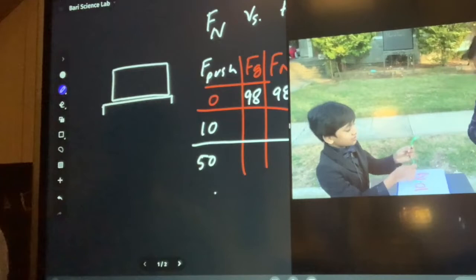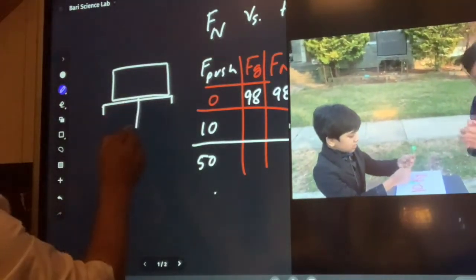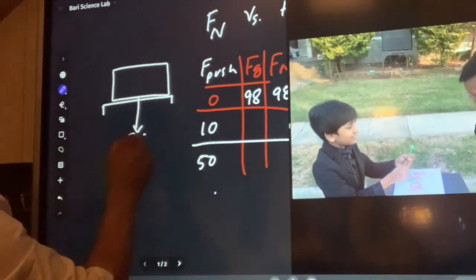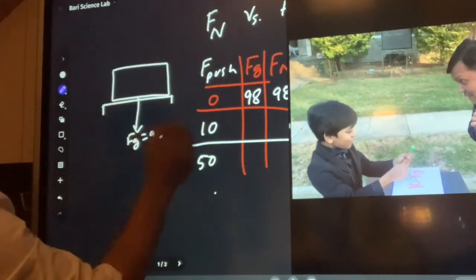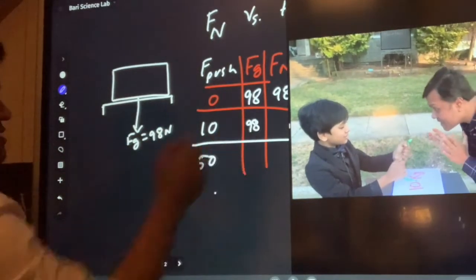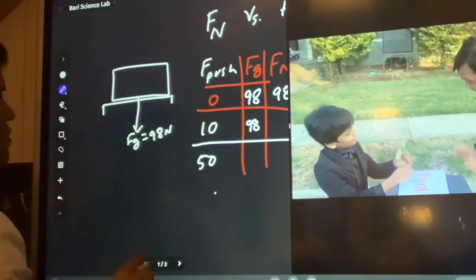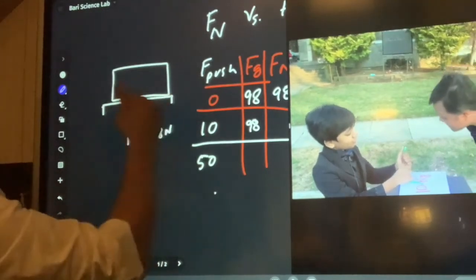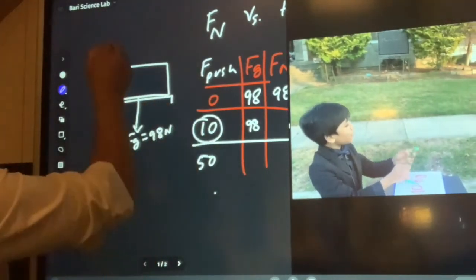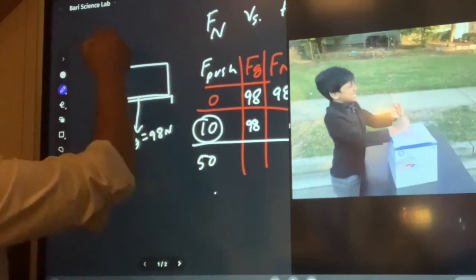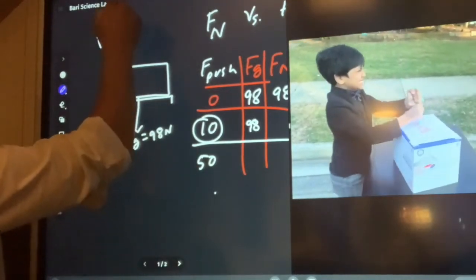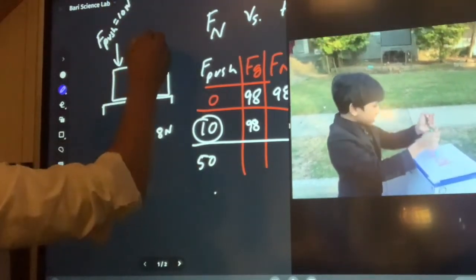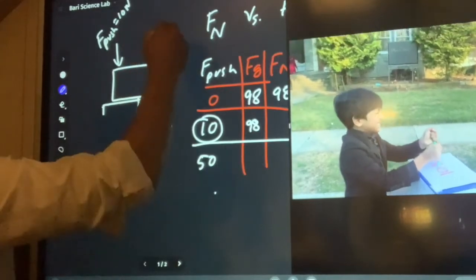So what would the weight be now? Weight is still 98 Newton, so weight doesn't change. Now let's see how many forces are acting on it. Pushing force is 10 Newton, and we have to find the normal force.